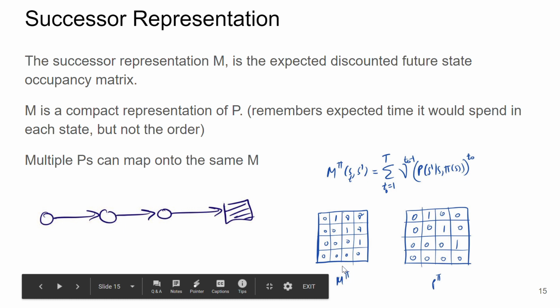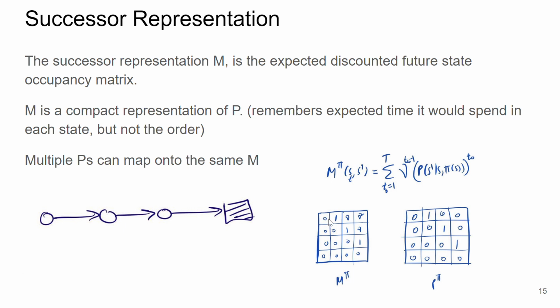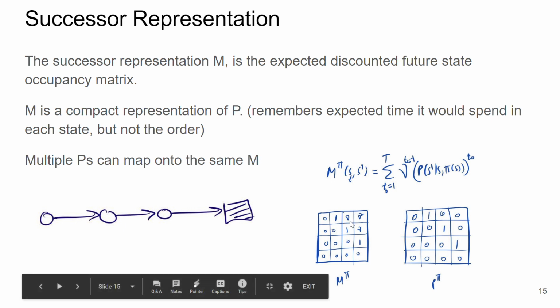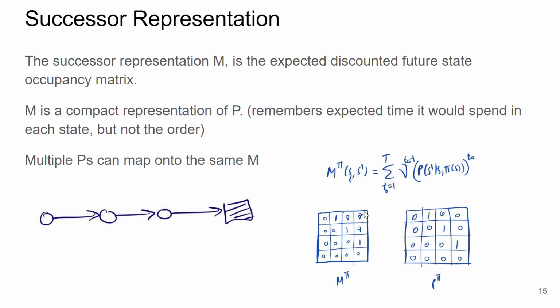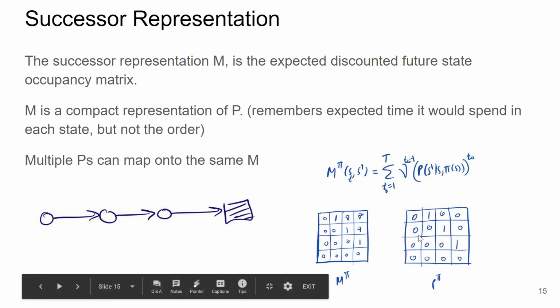So this M is only telling you that if you start here, you will spend 1 time step here, gamma time steps here, and gamma square time steps here, but it is not telling you in which order. So multiple P's can map onto the same M, and that is how in model-based we try to estimate this, whereas in the successor representation we're trying to learn this.